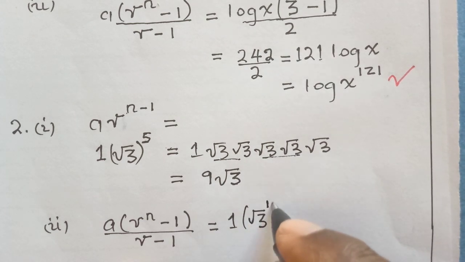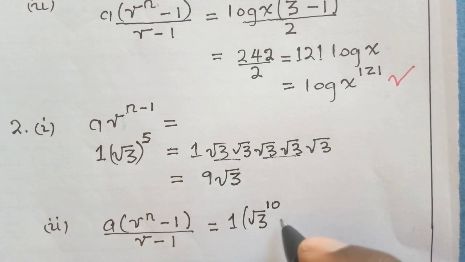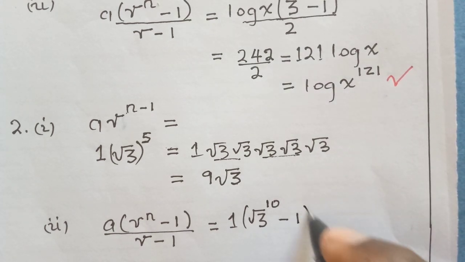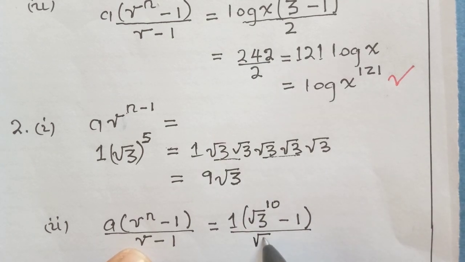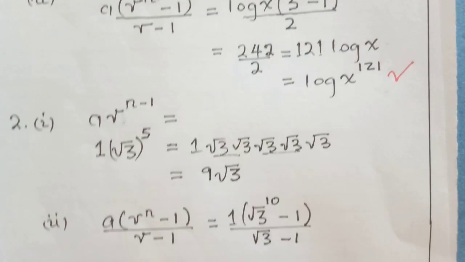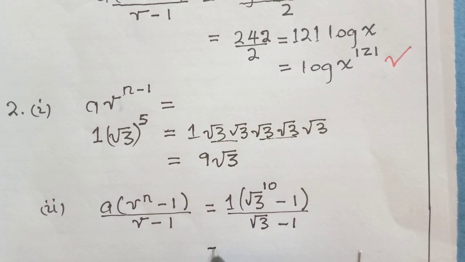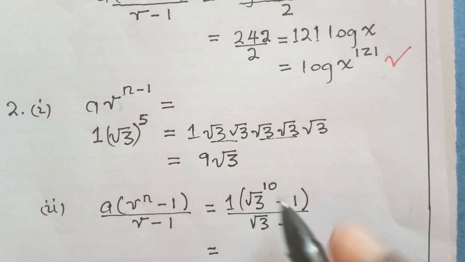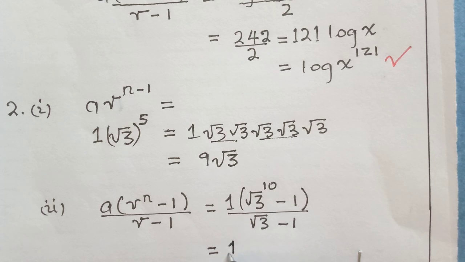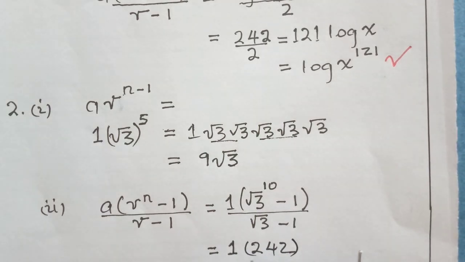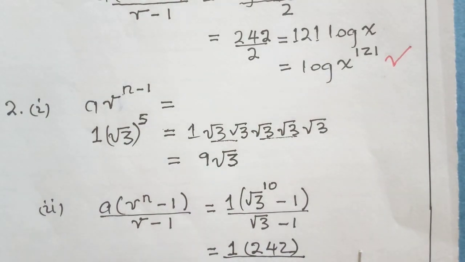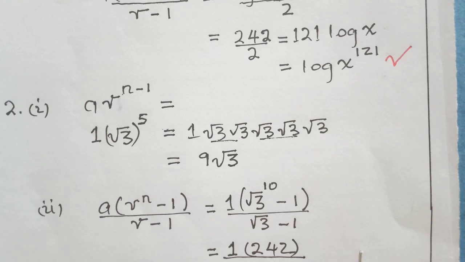Then we have 10 here, because they are the first 10 terms, minus 1 all over root 3 minus 1. So this gives us 1, then 243 minus 1 is 242, then you divide by root 3 minus 1. Root 3 minus 1 will give us 0.732.